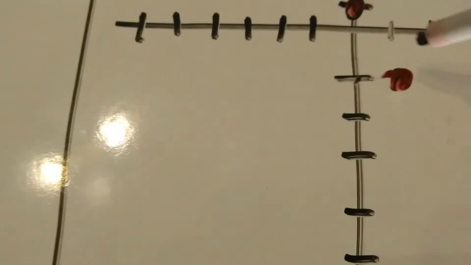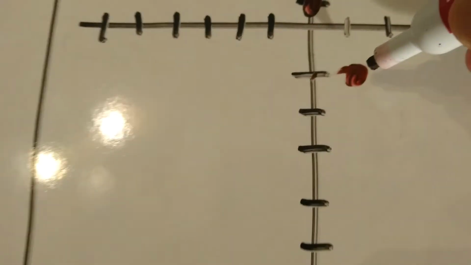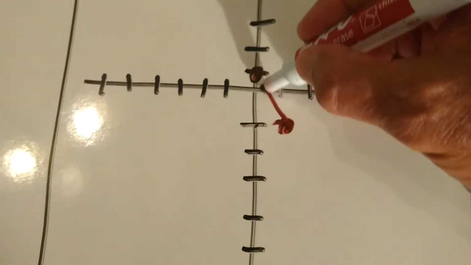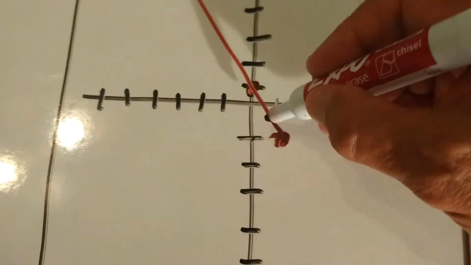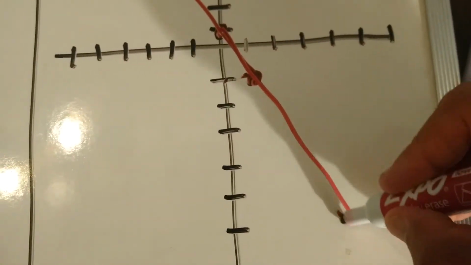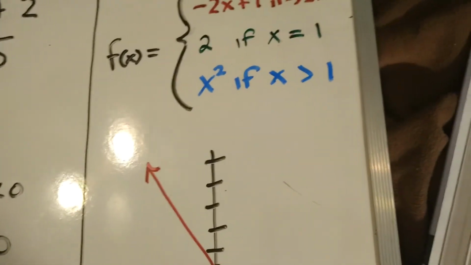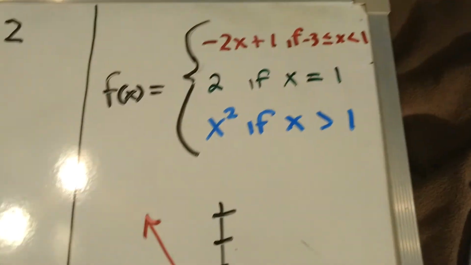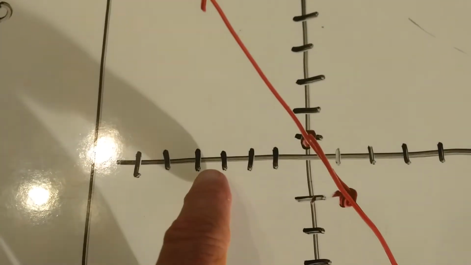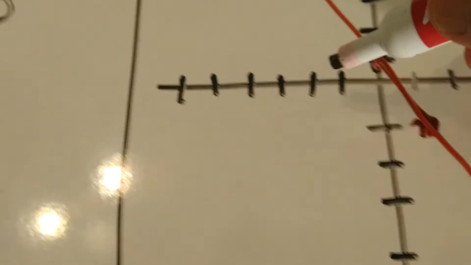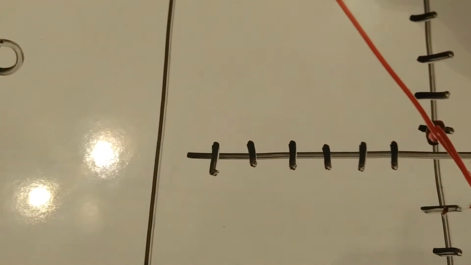If I draw this line, I've got this line that comes right like this. That's if I was using the whole line. But this says I can only use starting at negative 3. So on my graph, here's negative 3, and if I follow this up for negative 3, it puts me about right here.